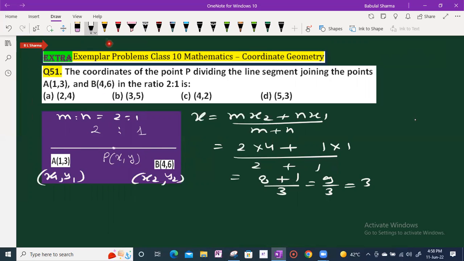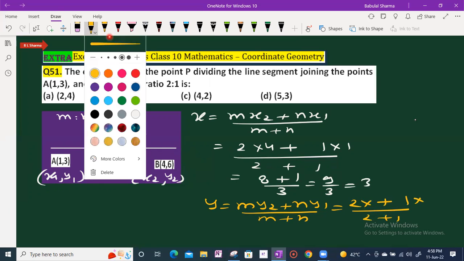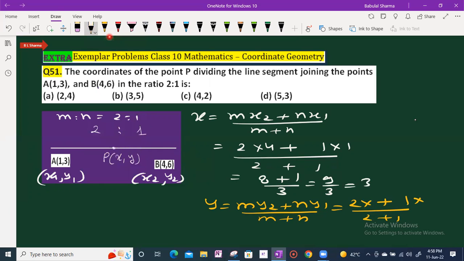But now what is the y coordinate? Again using the section formula, the y coordinate is given by (my2 plus ny1) upon (m plus n). Write the values of m and n beforehand, that is 2 plus 1. What is y2? y2 is 6.